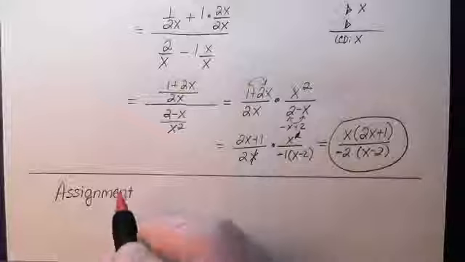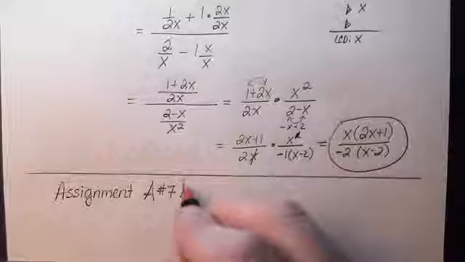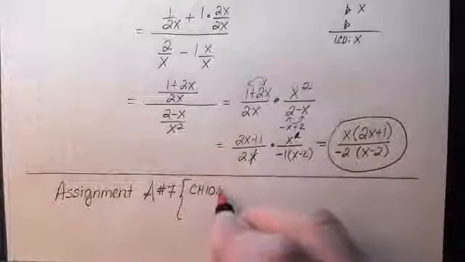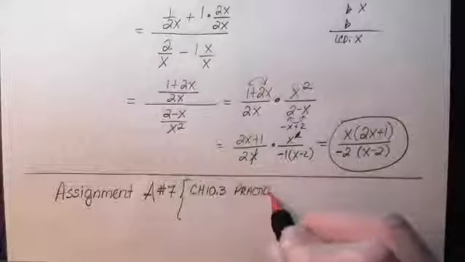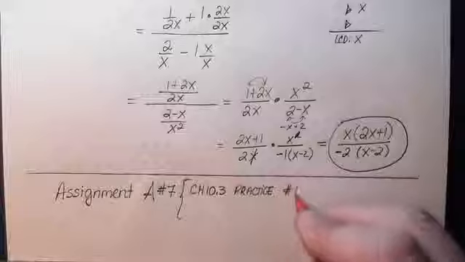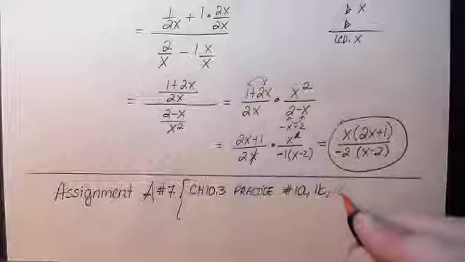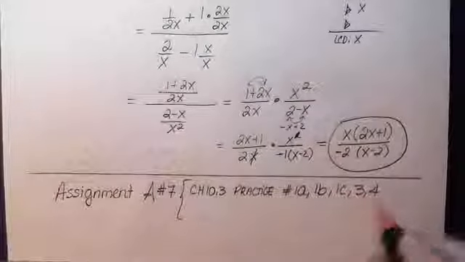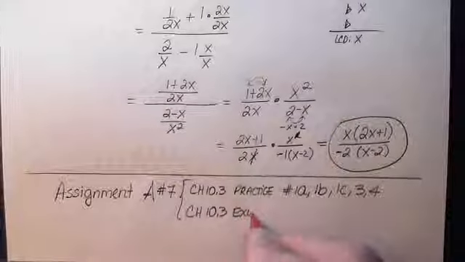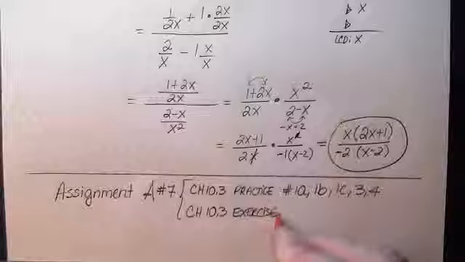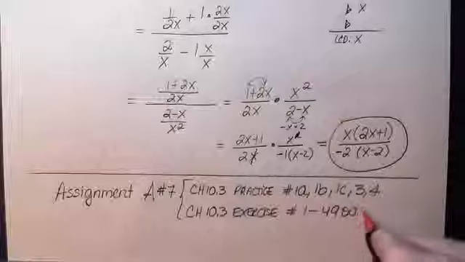It will be assignment A number 7, and will be chapter 10.3, the practice, numbers 1A, 1B, 1C, 3 and 4, and chapter 10.3, exercise set, numbers 1 through 49, odd.